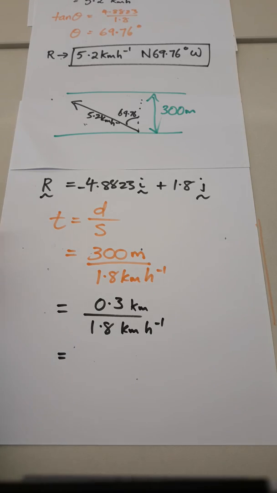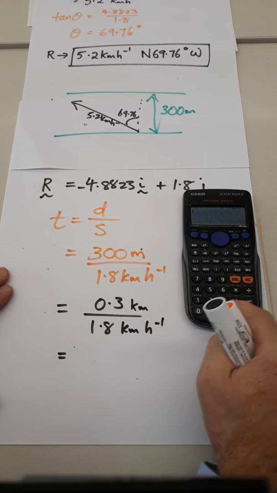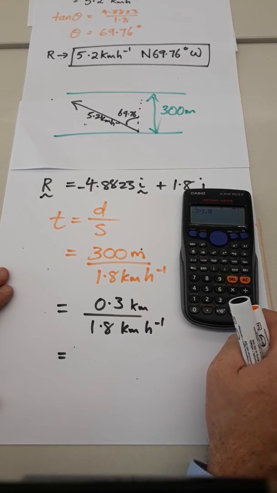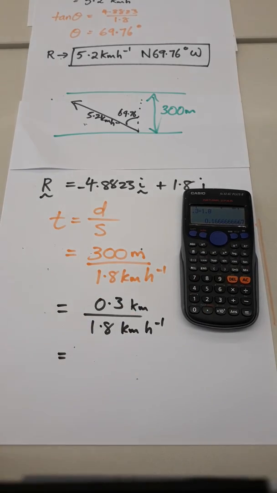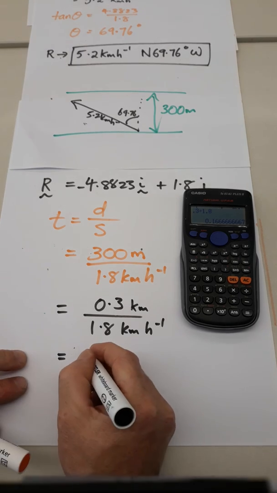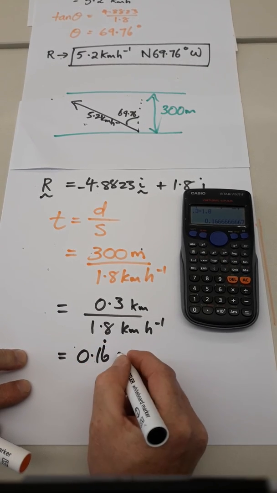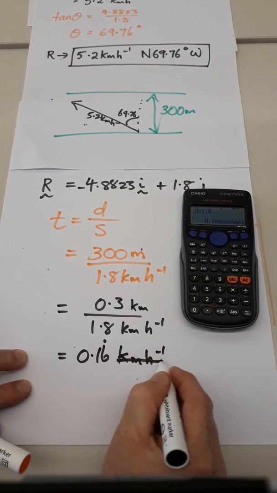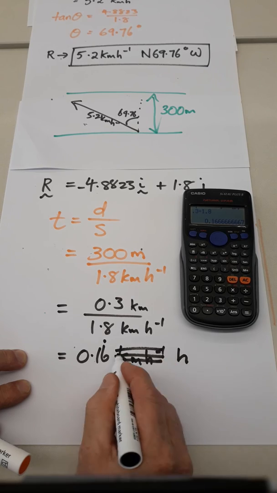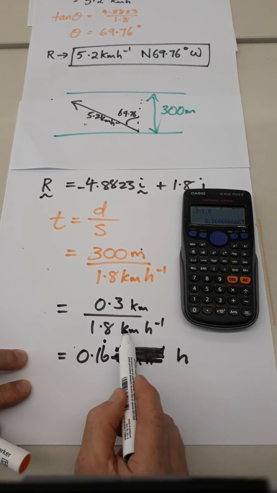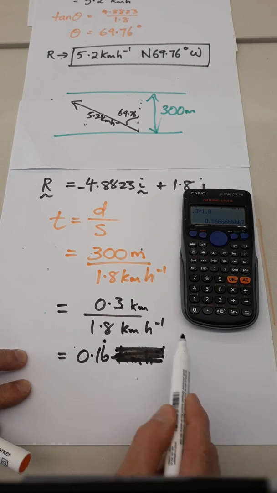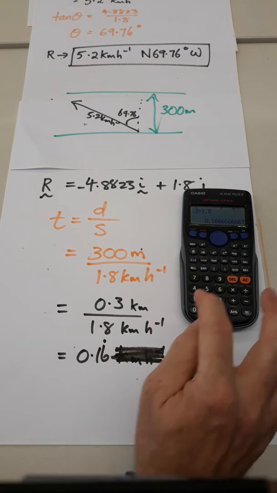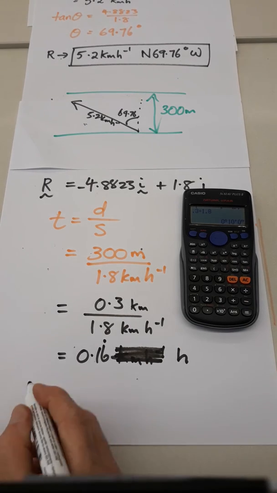And 0.3 on 1.8 is 0.166 hours. The kilometres will cancel. You have h to the minus 1, which is h when it's on top of the fraction. And that's 10 minutes.